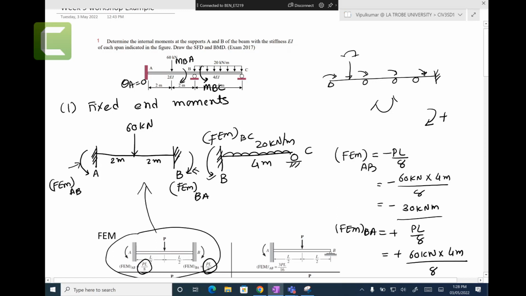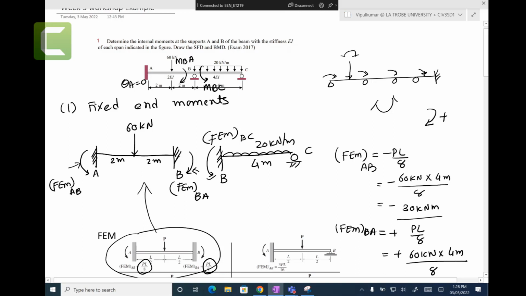Now point B. It cannot go in the X direction because we neglect axial deformation in the beam. That is our initial assumption, so this one doesn't count. Vertically it cannot go, but this joint B can rotate, right? Because this is a roller, so it can rotate.